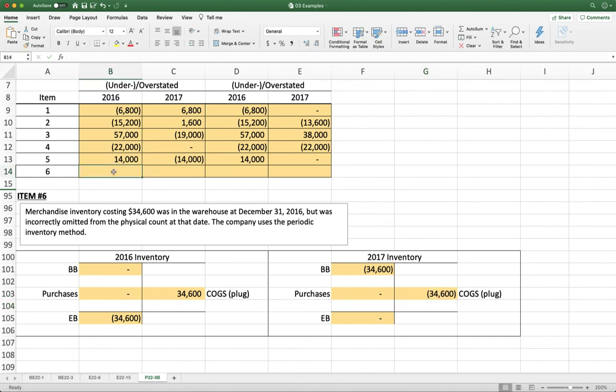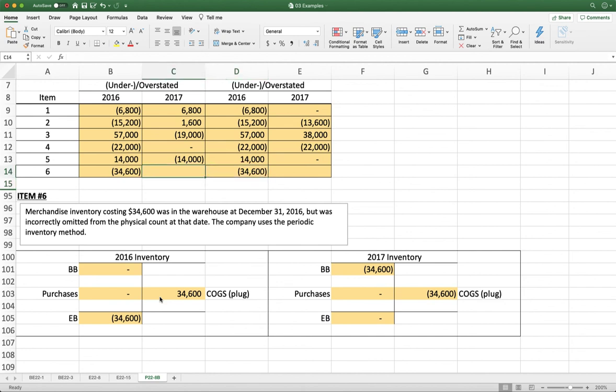Okay. So in our first year, we took too much cost of goods sold because we thought we sold stuff that we didn't. So that's going to be income decreasing. And so our net income is going to be understated by $34,600. Close out the income statement, and that understatement of $34,600 is going to go to retained earnings.